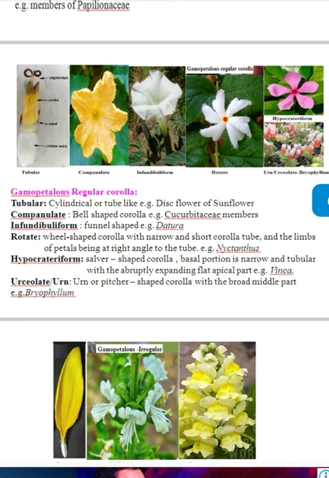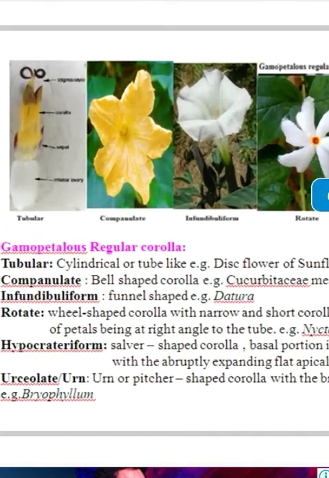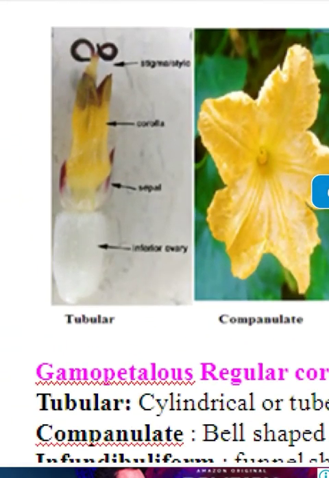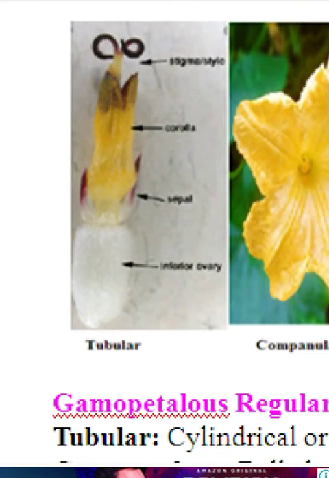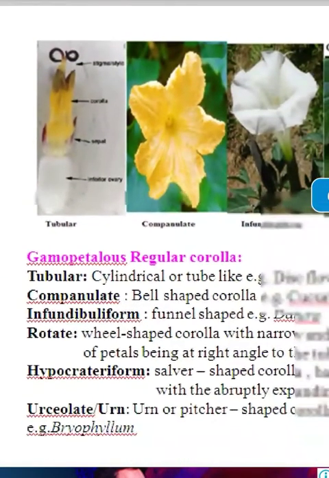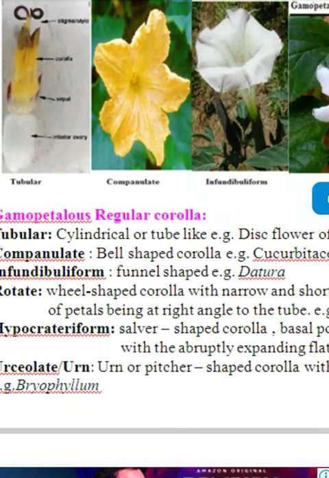In tubular gamopetalous, all the petals are united to form a cylindrical or tube-like structure, and this is very clearly seen in the disc florets of the sunflower. Look, corolla is tubular, cylindrical. Then the campanulate, or bell-shaped corolla, in the family Cucurbitaceae.